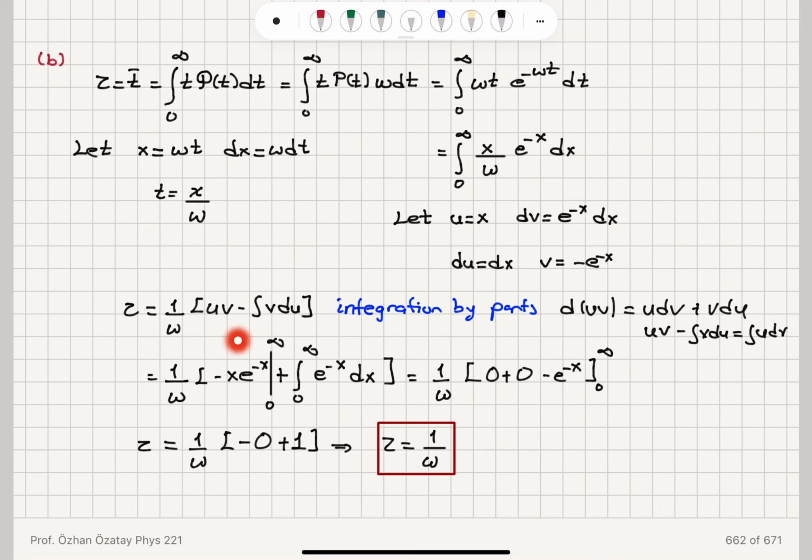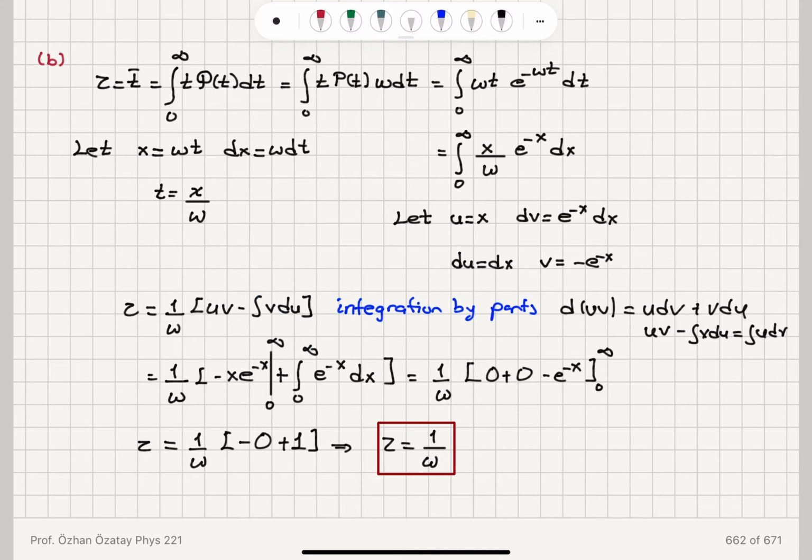So applying this here, we obtain tau is equal to 1 over omega. So we have uv, x e to the minus x with a minus sign, minus minus plus integral v du, e to the minus x dx, and that gives us tau is equal to 1 over omega. And by the way, we see that this integral 0 to infinity x e to the minus x dx is 1, so that the answer is 1 over omega.